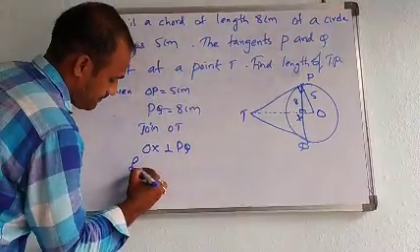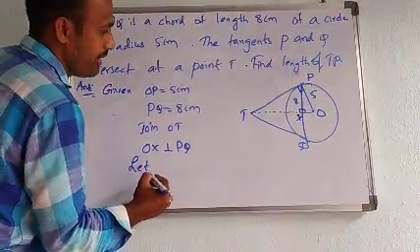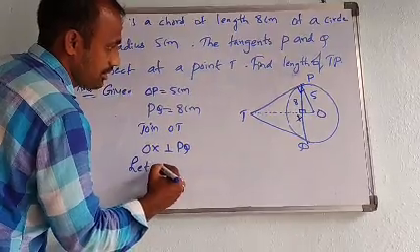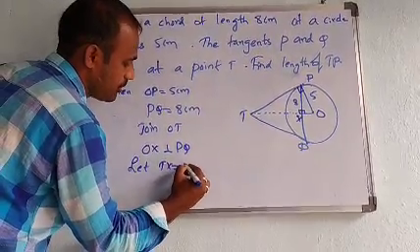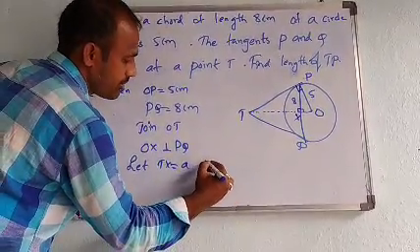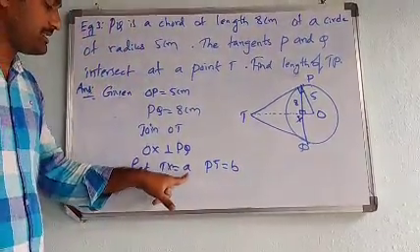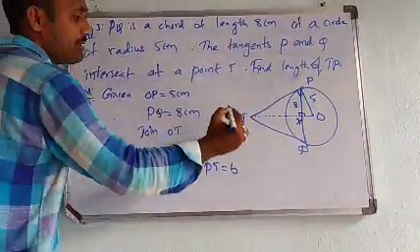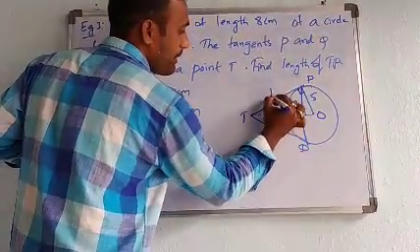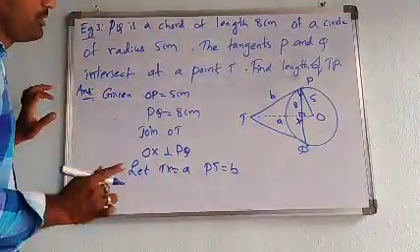So let TX be equal to A and PT be equal to B. We are assuming TX is A, PT is B. We need to find the B value.